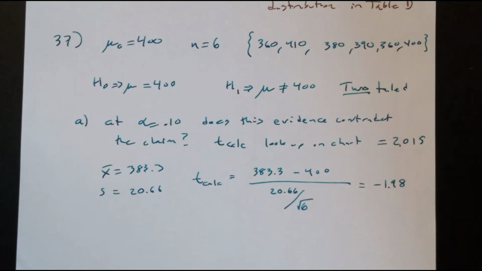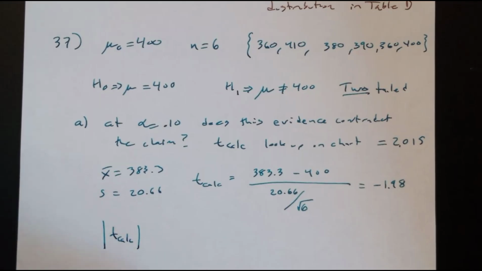You've done the work. But this is the important part. Make the decision. We should see if the T-calc is bigger than T-crit, but with the absolute value bars.